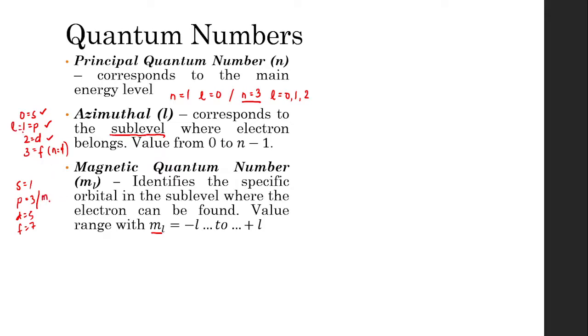So for M sub L, it means you would have negative 1, 0, and 1. So these numbers right here tell you the different orbitals that you will find in the P level.